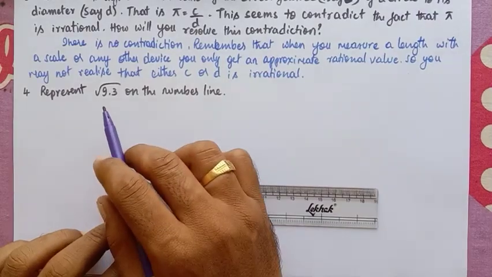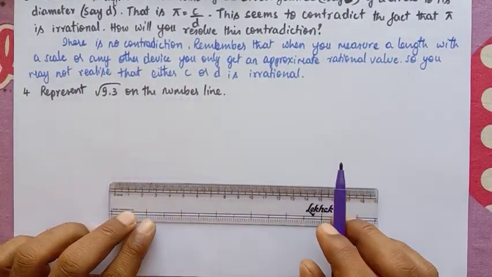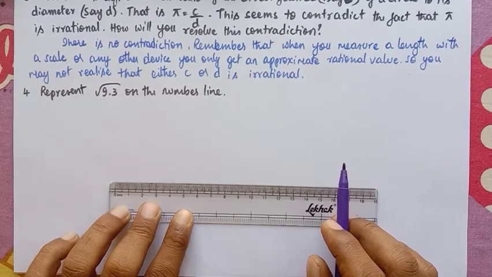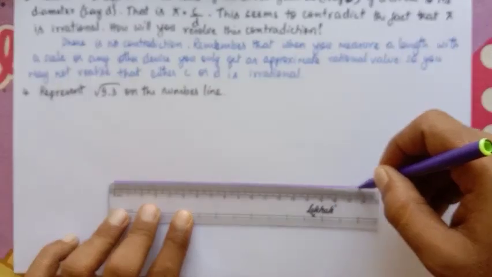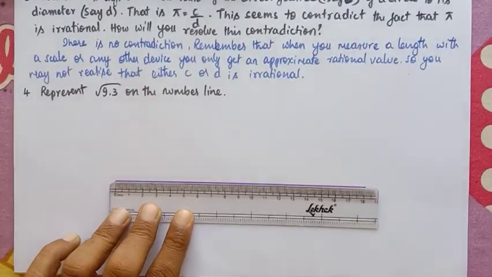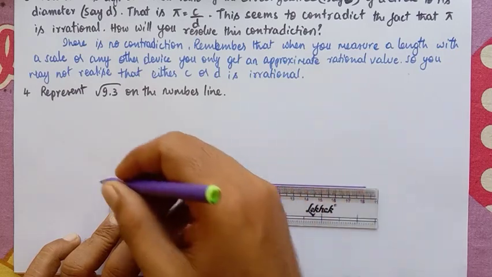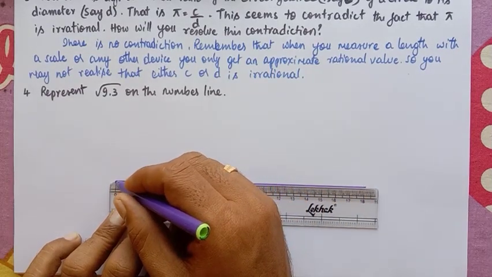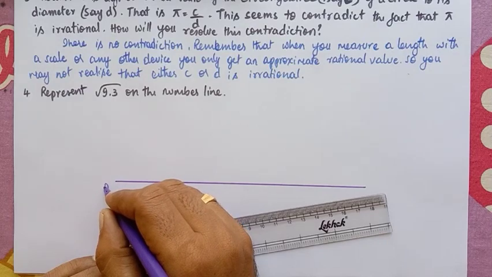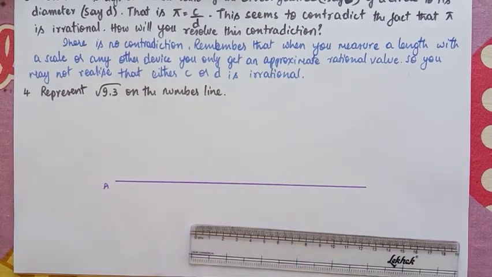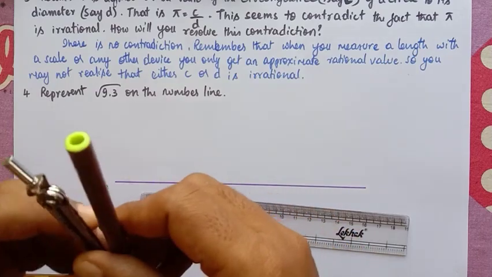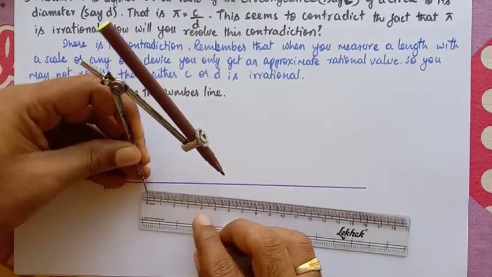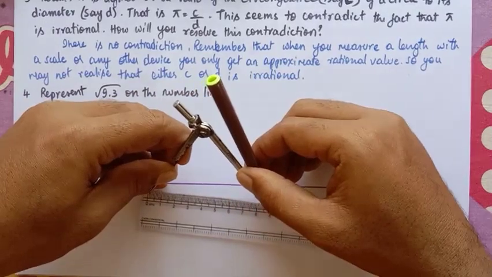Represent square root of 9.3 on the number line. First, what we have to do here is, firstly I will be drawing a straight line, and I will be marking a point here, A. This point be A. And now, as I want square root of 9.3, I will adjust my compass to 9.3.